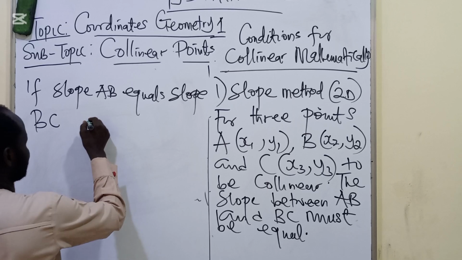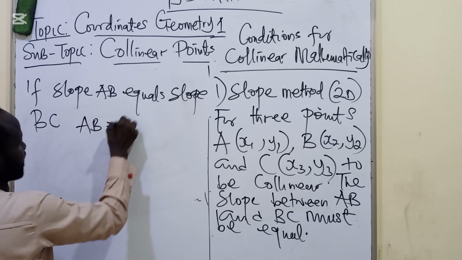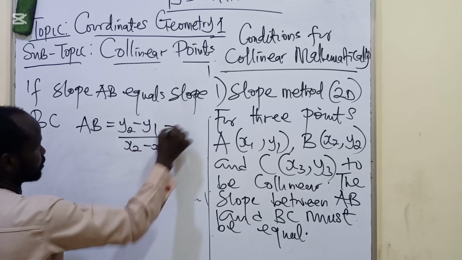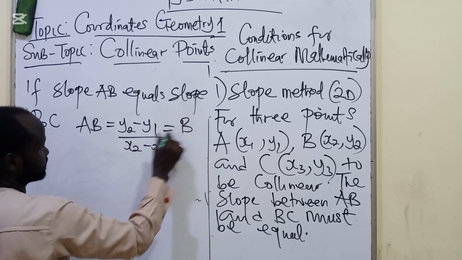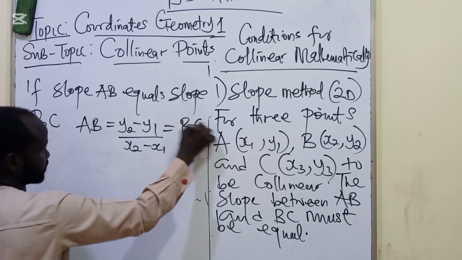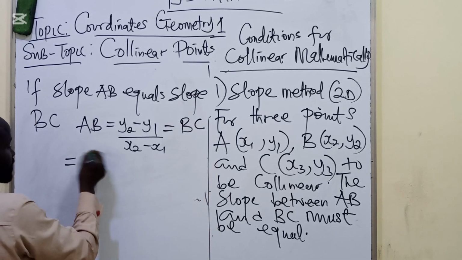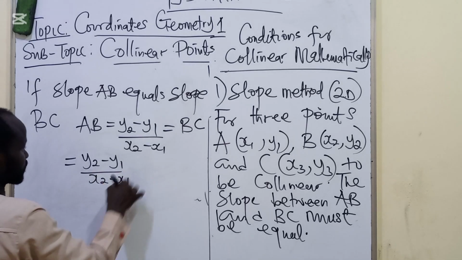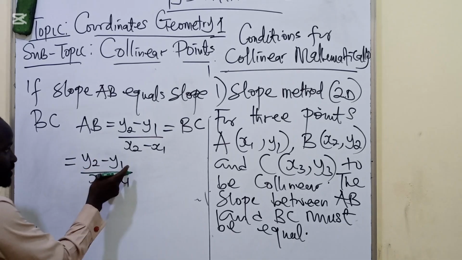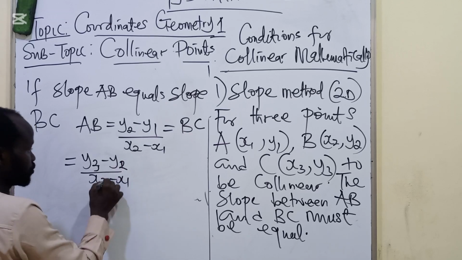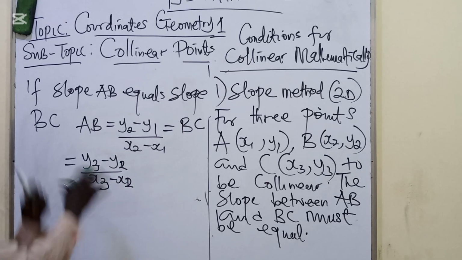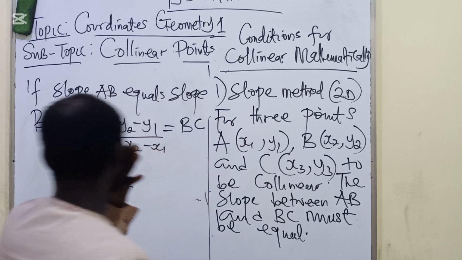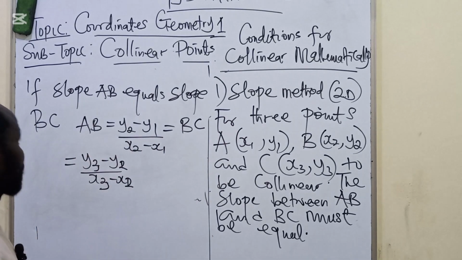It means if we have AB as y2 minus y1 divided by x2 minus x1 equals BC, which is the same as y3 minus y2 divided by x3 minus x2, then the collinear point will occur. This is condition number 1.